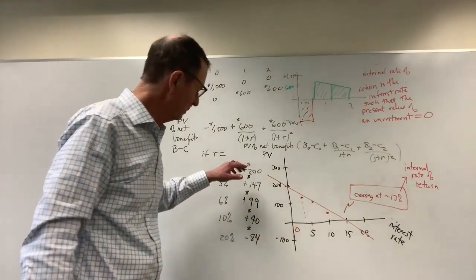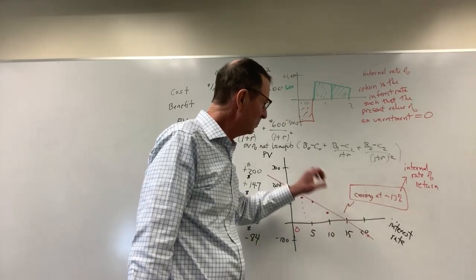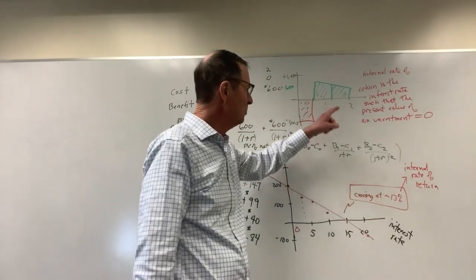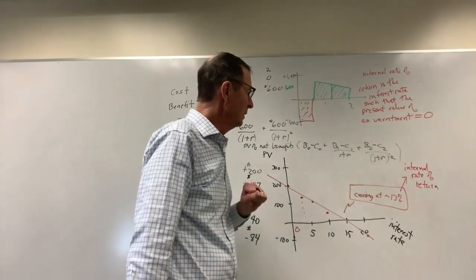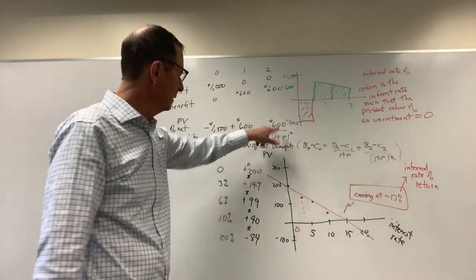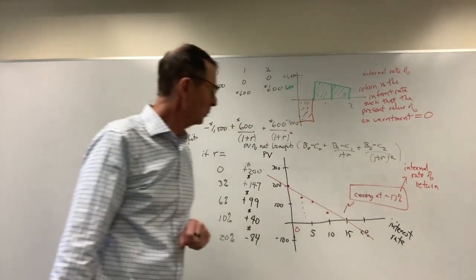So in this case, as long as the interest rate was below 13%, present value is positive. So 13% is the interest rate that makes this stream of net benefits equal to 0.